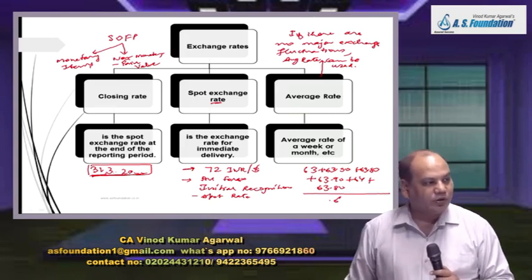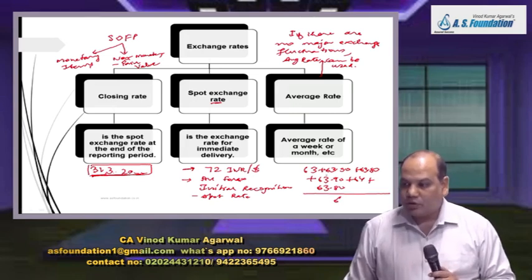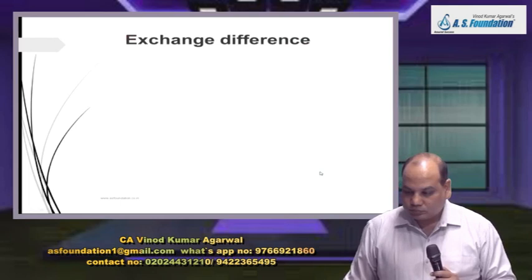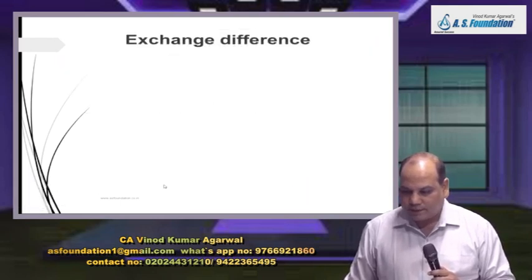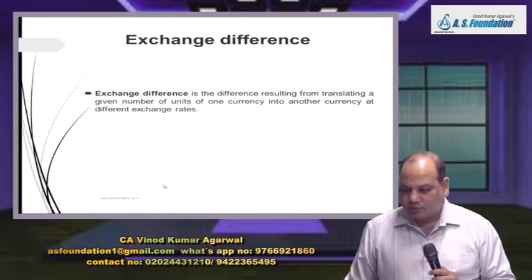This gives you the average rate of a week. For all similar transactions apply the average rate, if the average is realistic and there is not too much fluctuation. What if there is too much fluctuation? Then we'll take the spot rate on the date of transaction.